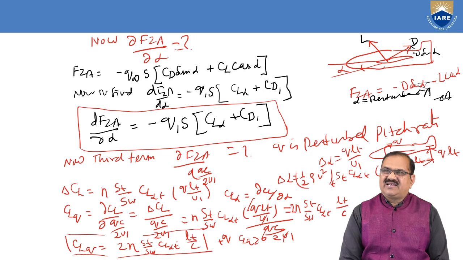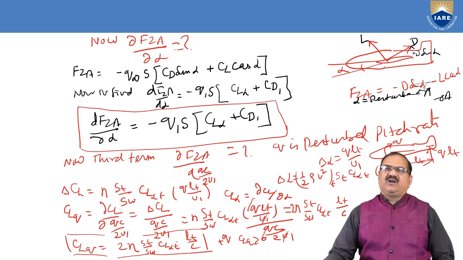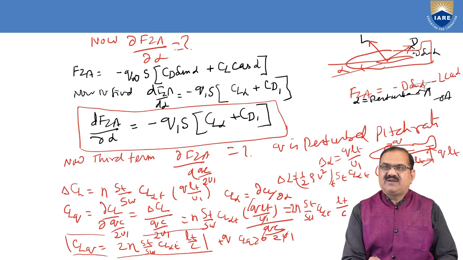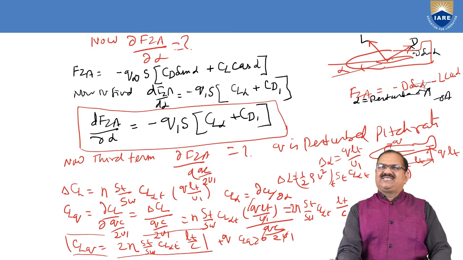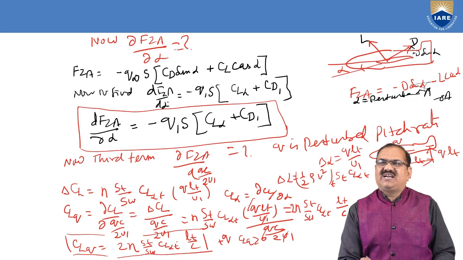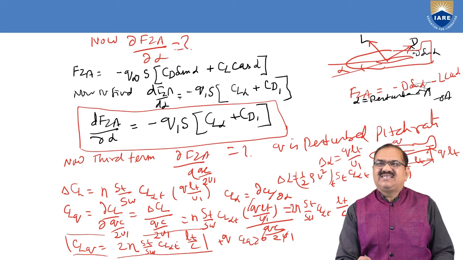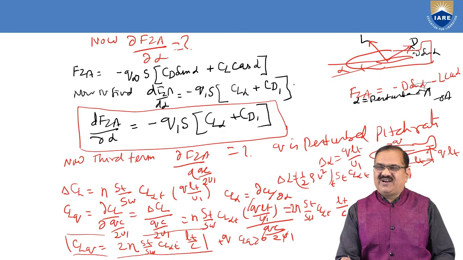This is another parameter which we have to see here. Now Fz we have already seen: minus q∞ S (CD sin α plus CL cos α). So to find ∂Fz/∂α, we can write this as minus q1 S (CLα plus CD1), as we did earlier for the alpha derivative.